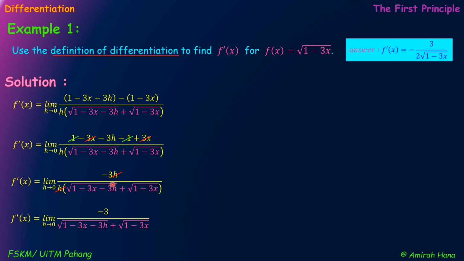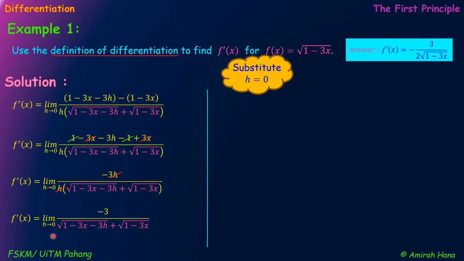After we successfully simplify h from the numerator and denominator, we can use the substitution method. We substitute h equals 0. Remember, we can only substitute h after we successfully simplify h from the numerator and h from the denominator.